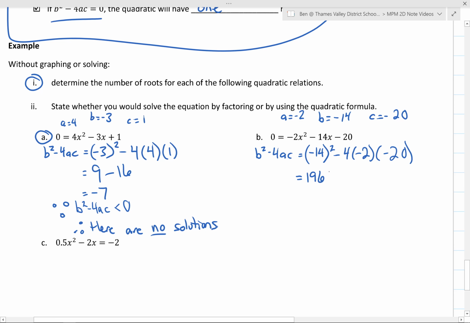It's positive here because when we square a negative, the negative disappears. Minus 4 times negative 2 times negative 20, that'll come up with a negative number in total. So negative 4 times 2 times 20, that's negative 4 times 40, which equals 160. So 196 minus 160 equals 36. In this case, since b squared minus 4ac is greater than 0, therefore there is one solution.